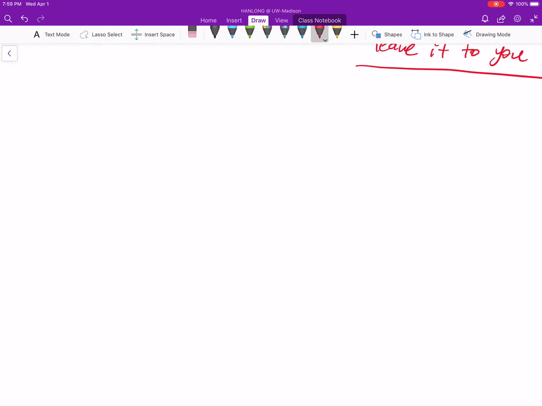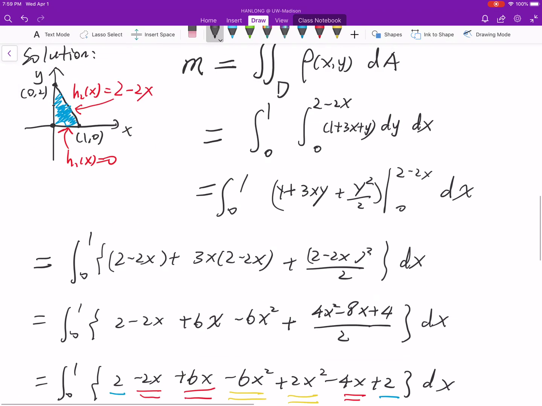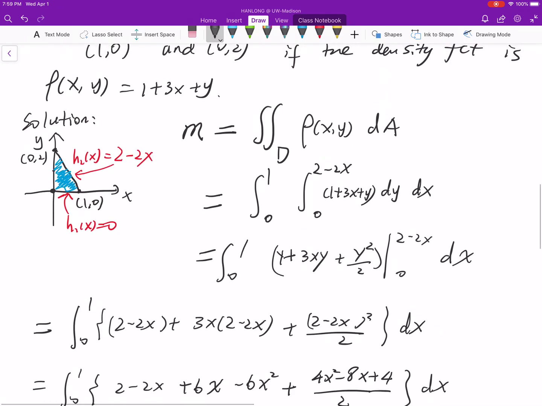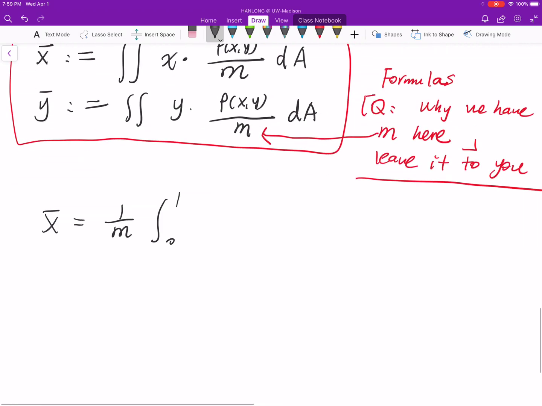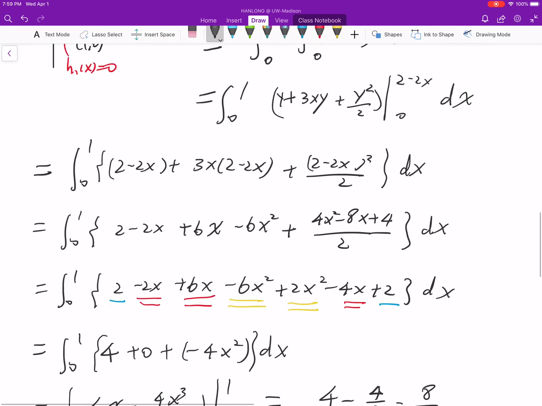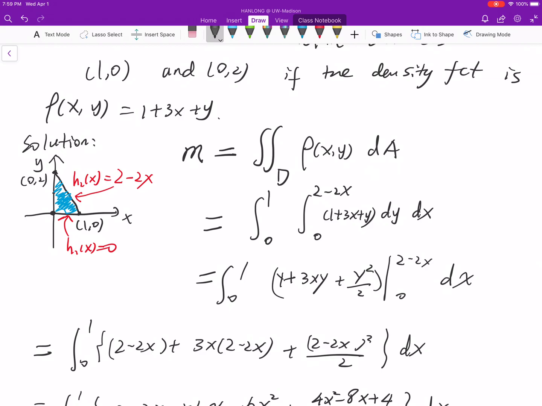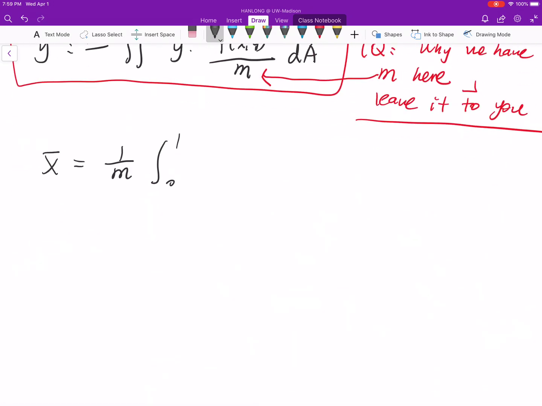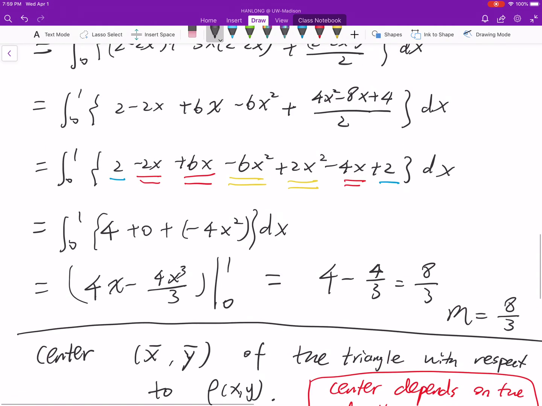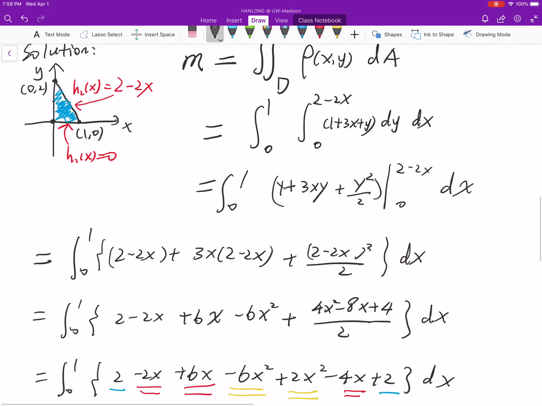Okay, now in our case, we can figure out the total mass. So inside is the integral, so let's look at our domain. Actually, everything is the same for the computation of x bar, except the integrand, you change it to x times rho divided by m. So we still use the setup here.